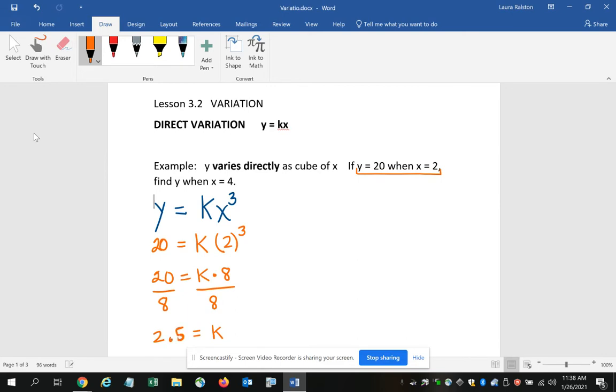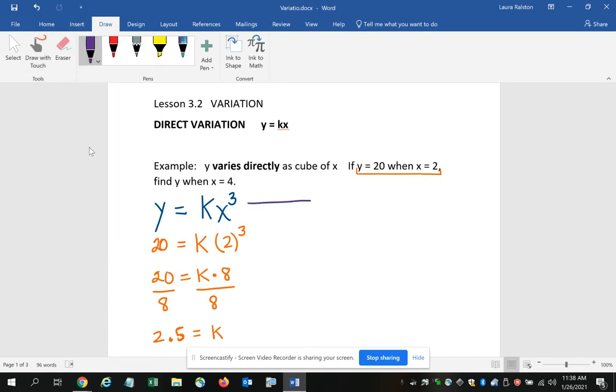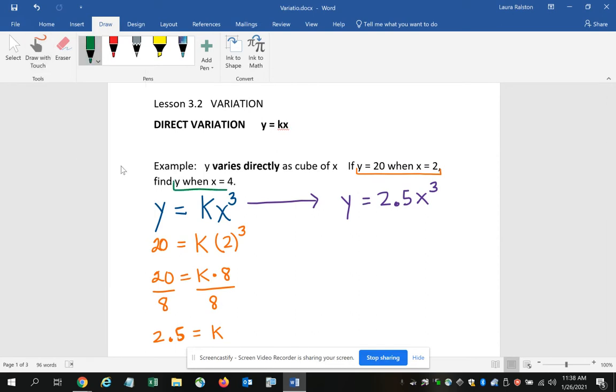Now I know the rate of change, and I can come back up to my formula and write y equals 2.5 times x cubed. The final step is to find y when x is 4. So I have y equals 2.5 times 4 cubed.